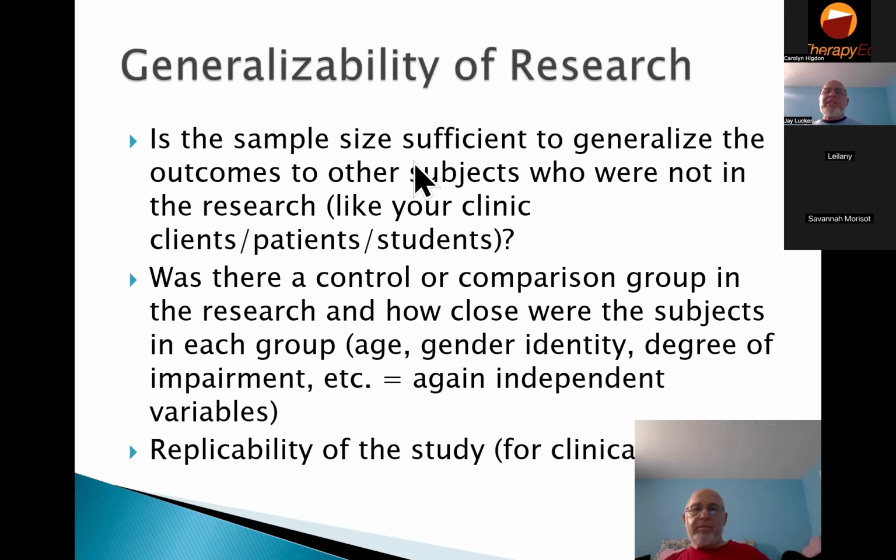Generalizability. Is the sample size large enough? If you're only doing, let's say, 5 or 10 subjects, it's not generalizable. It's too small. The other thing is, say you have 100 subjects. What were the ages? Say there were 10 age groups, 10 subjects each.